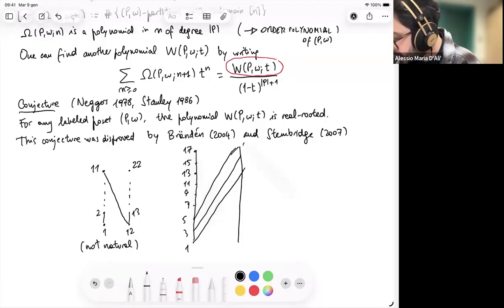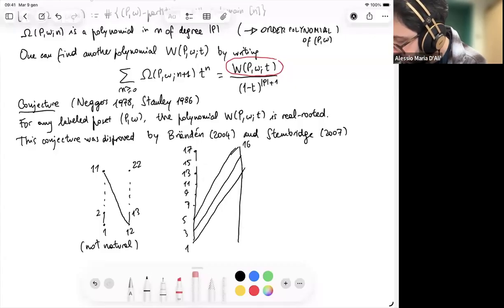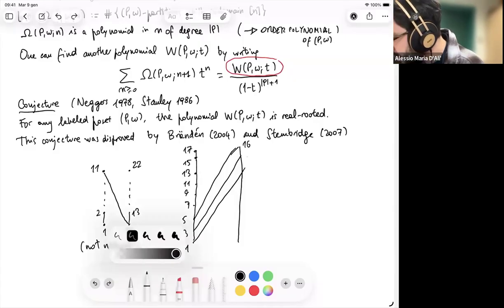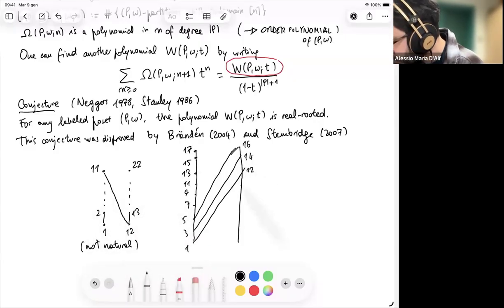And then on the other side, I got 16. I should have been a little lower with this. Sorry. No, this was wrong. So I'm just copying the example here, but it's not so important.